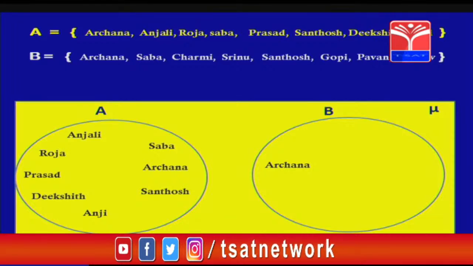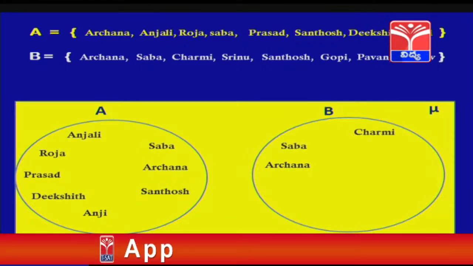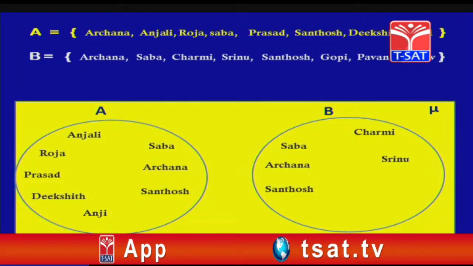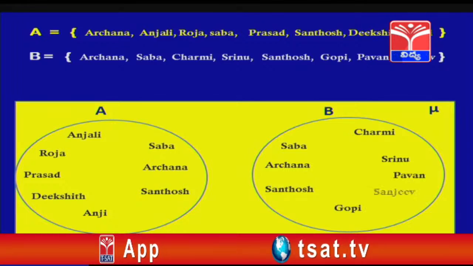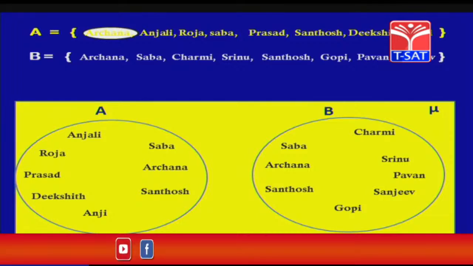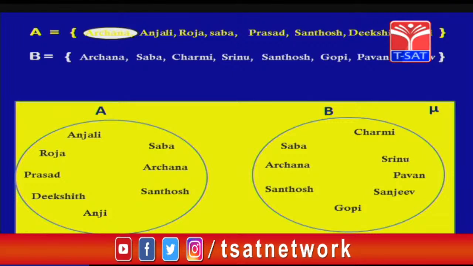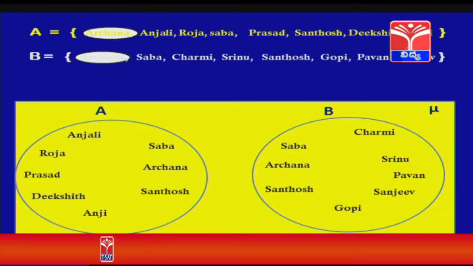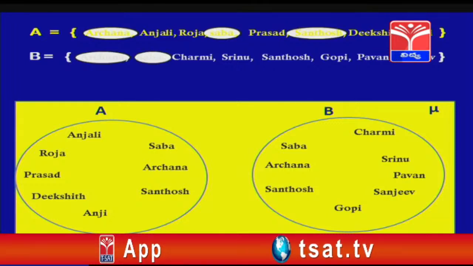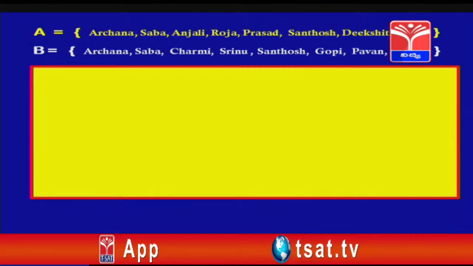In set B, you see Archana, Sabha, Charmi, Srinu, Santosh, Gopi, Sanjeev. Now, if you observe, there are common elements. Just see the blinking common elements. Sabha, yes, in both sets you see.